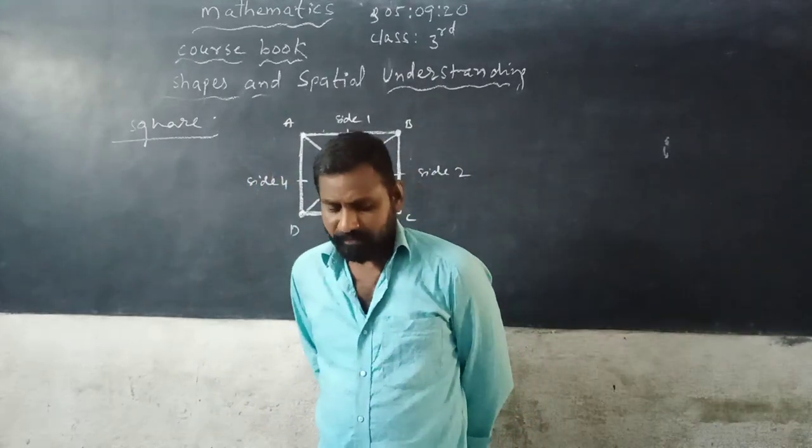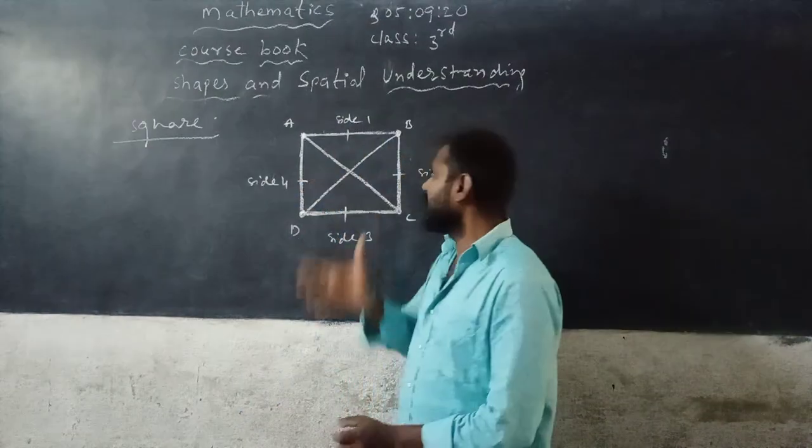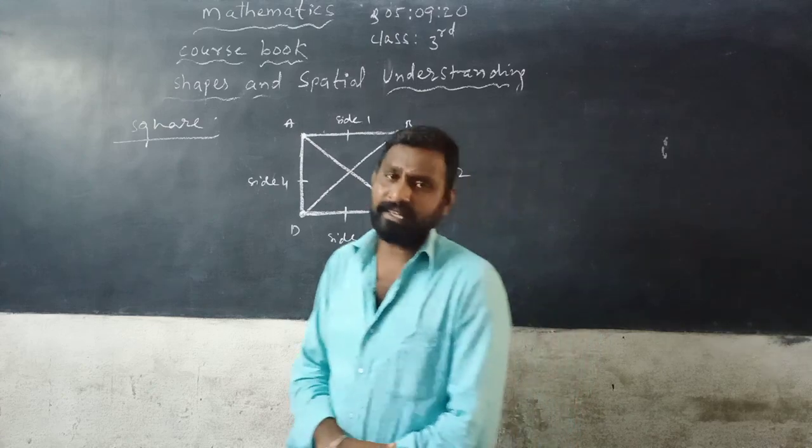So this is a square. In a square, all sides are equal in length.